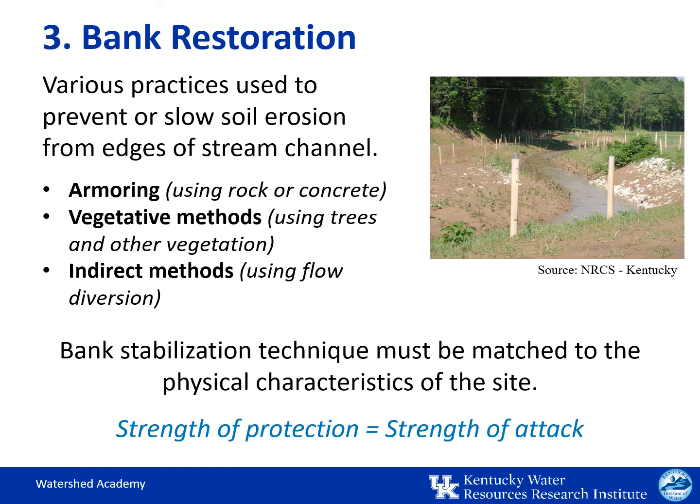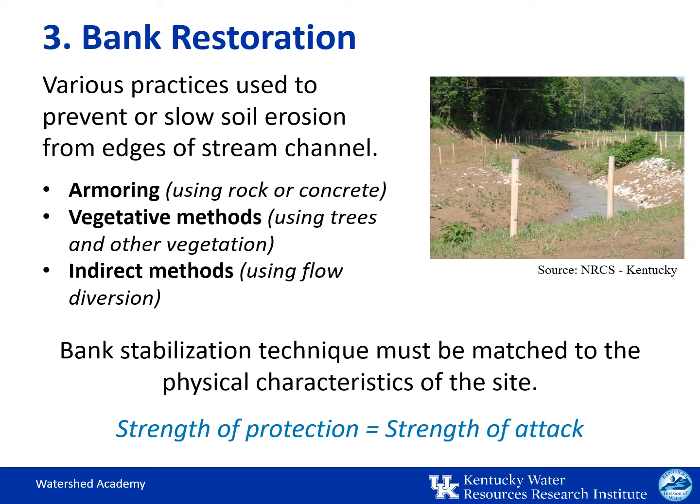As we move away from the riparian area, we come to one of the most common areas for general issues that need to be addressed in watershed improvement efforts, and that's stream bank stabilization. This is using different practices in order to prevent or to slow soil erosion from the edges of that stream channel.